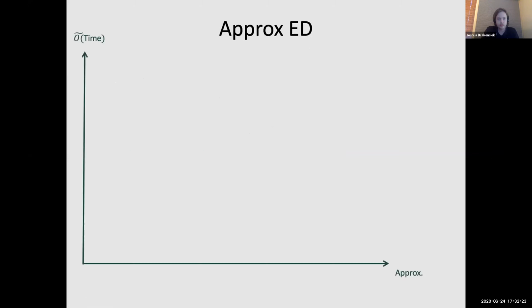To show all the different work on the approximate edit distance problem, I'll have the x-axis show the approximation factor and the y-axis show the time. For instance, the classic DP algorithm is in the upper left corner. And then there's a linear time square root of n approximation algorithm due to folklore.